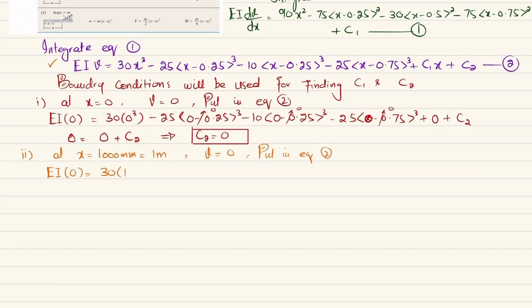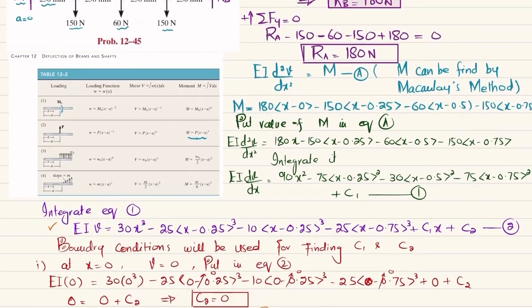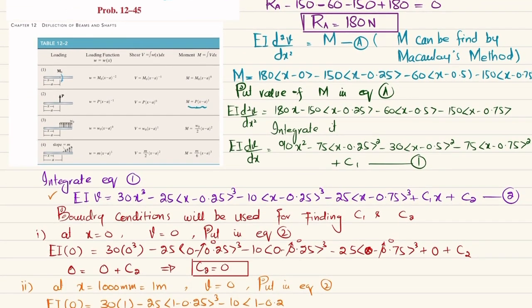So 30 into 1 minus 25 into 1 minus 0.25 whole cube minus 10 into 1 minus 0.5 whole cube. Let me check it over here. Okay, I had a mistake. You can see this is 0.25, and this is 0.5.